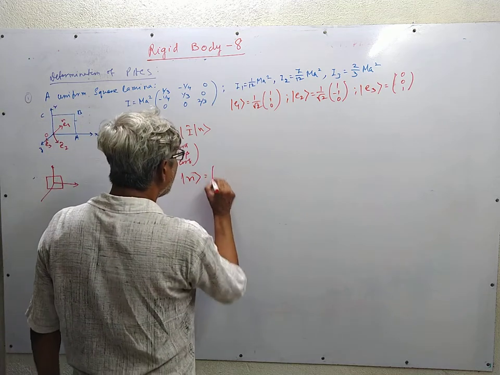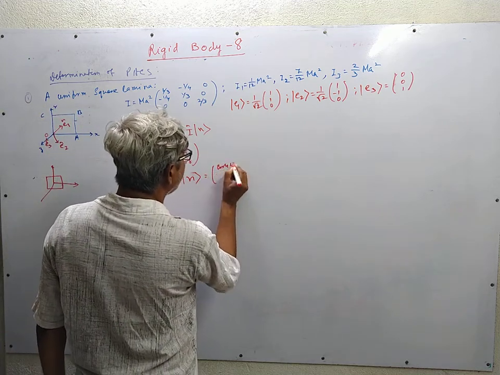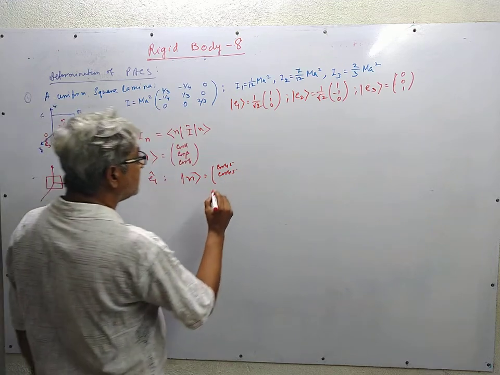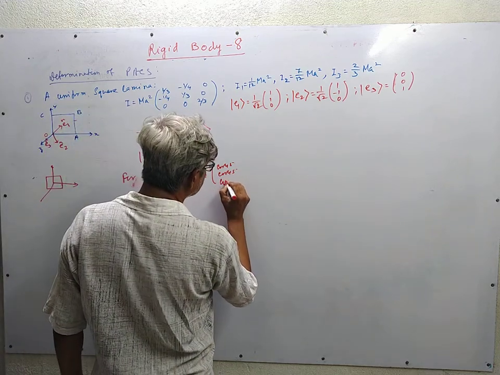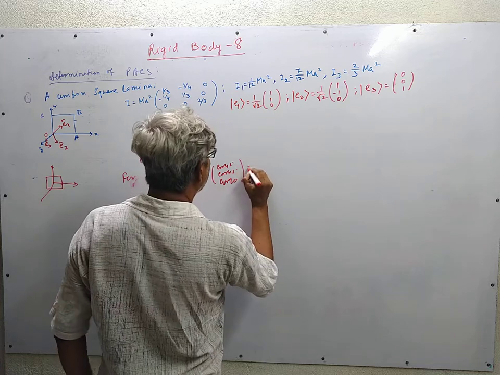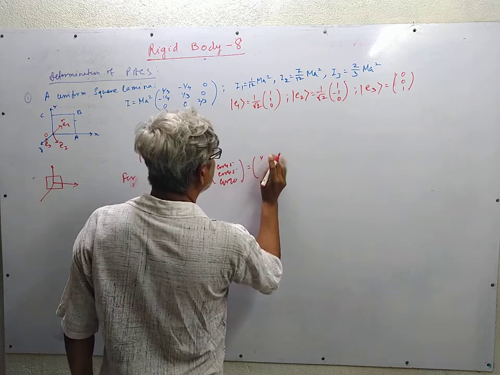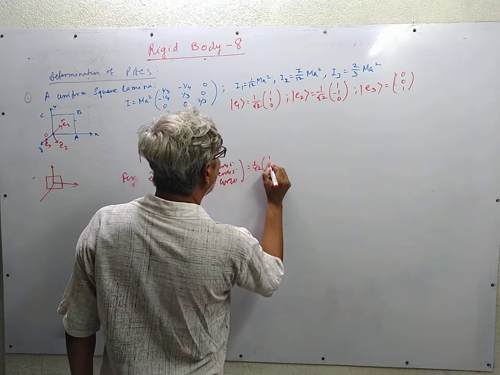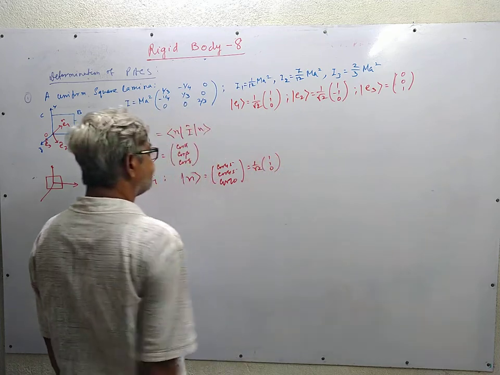So this is cos 45, and the angle made with the z-axis is cos 90. So the matrix is, taking 1 by root 2 out, 1, 1, 0.